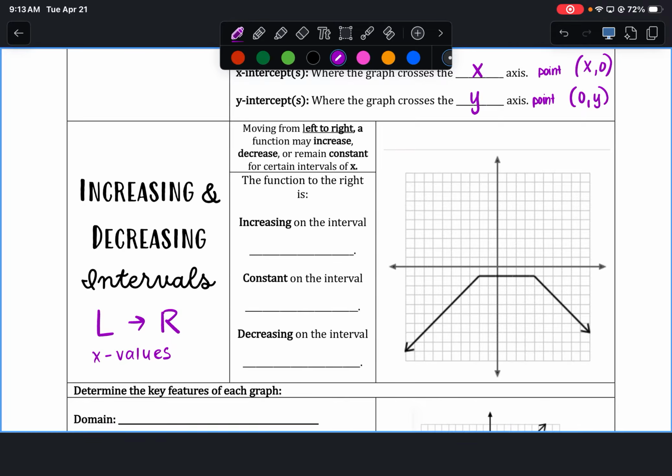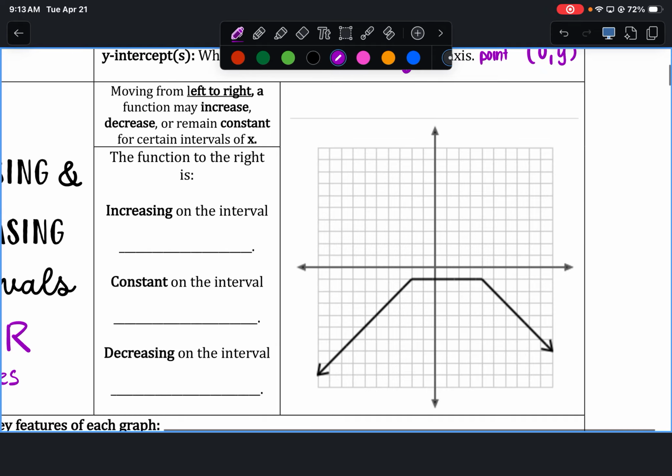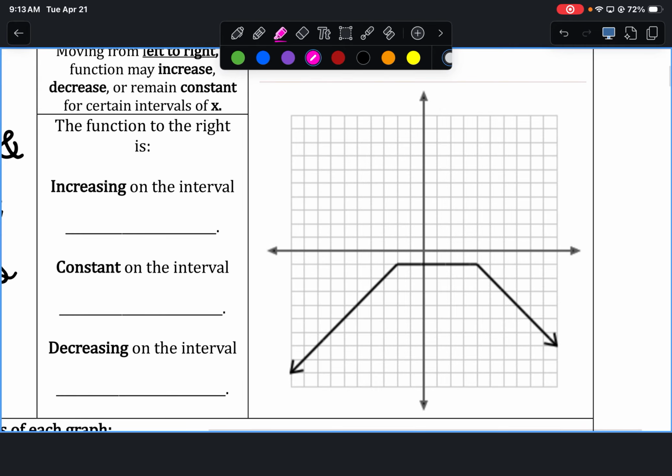So we're going to look at this graph and we're going to talk about it. What I'm going to do is start at the leftmost part of this graph, okay? And I'm just going to follow this graph. What am I doing? Am I increasing, decreasing, or remaining constant? Increasing. When our graph goes up, it is increasing, okay?